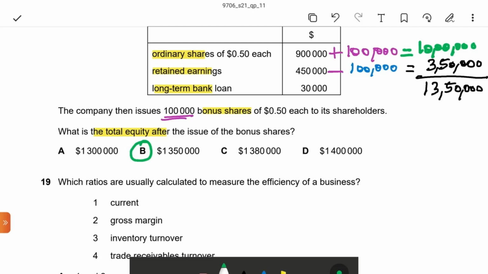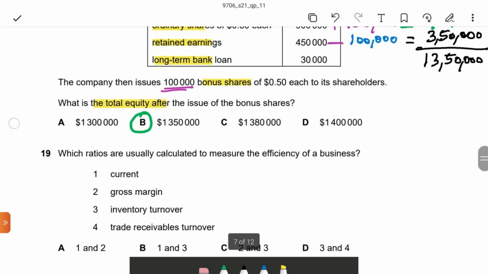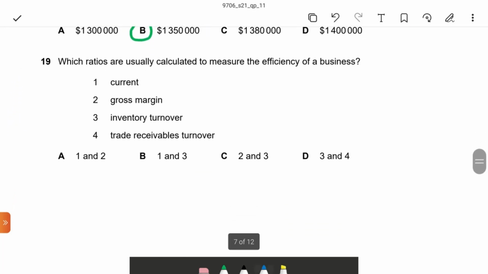So next, question number 19. Which ratios are usually calculated to measure the efficiency of the business?